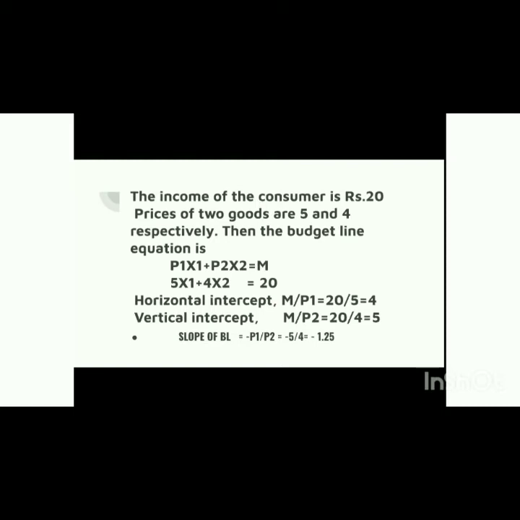Therefore, the horizontal intercept M by P1 equal to 20 by 5 equal to 4. And the vertical intercept is M by P2 equal to 20 by 4 equal to 5. The slope of the budget line equal to minus P1 by P2 equal to minus 5 by 4 equal to minus 1.25.